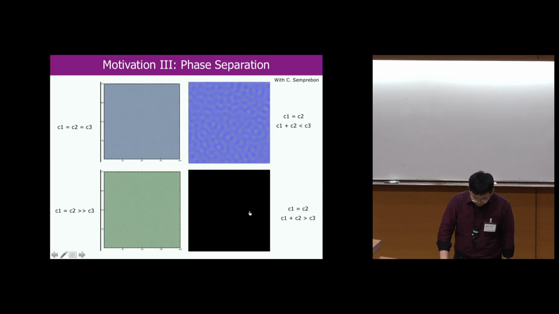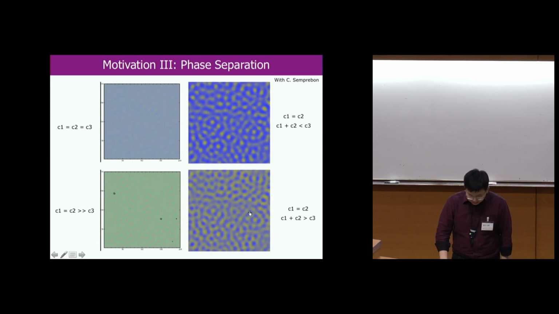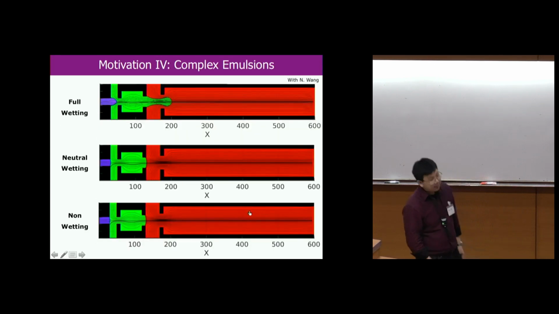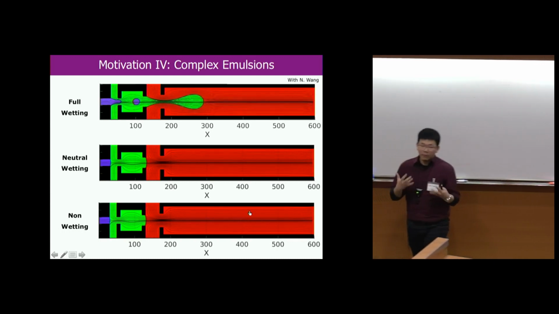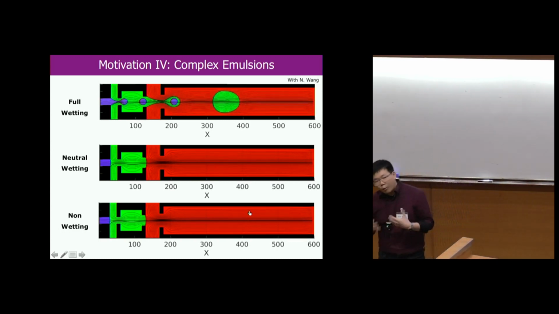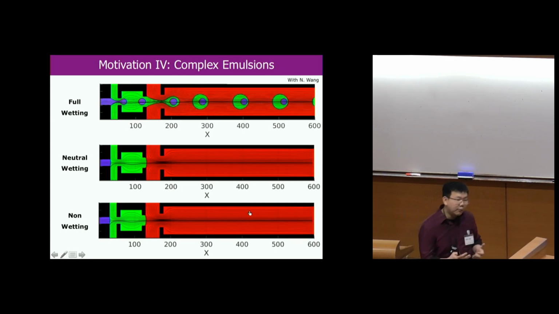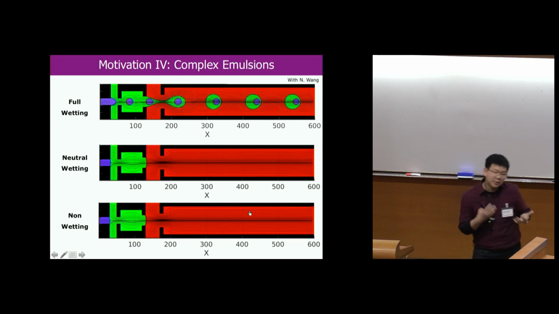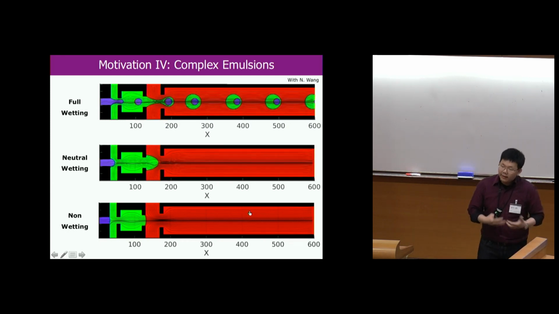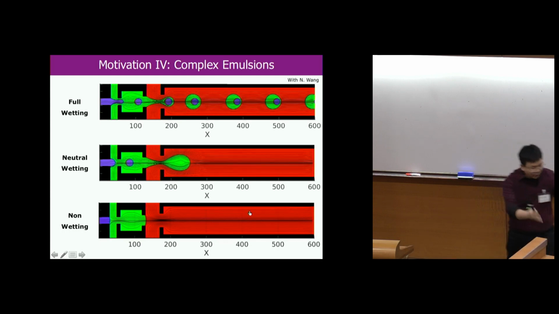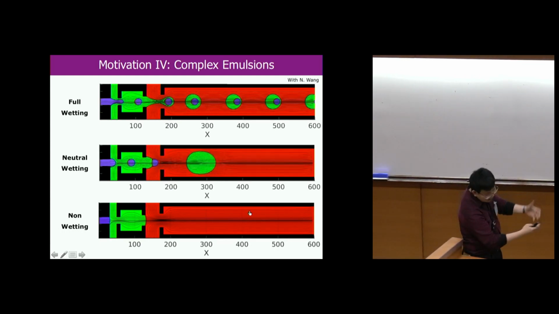The fourth example I would like to tell you is in the context of microfluidics. Microfluidics is quite popular these days. This is a way, for example, to make complex emulsions, so droplet inside droplet. If you're talking to people from synthetic biology, sometimes this is a way to encapsulate cells, and then this is how they try to isolate the cell and study it there.